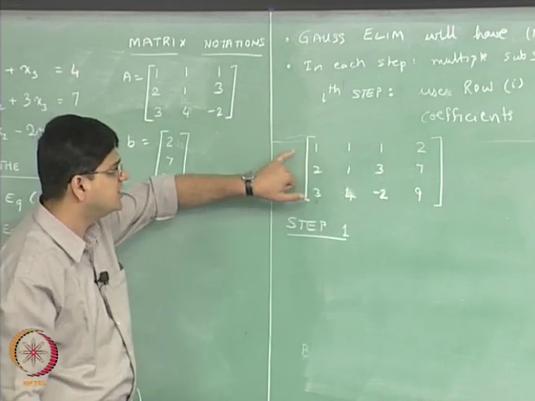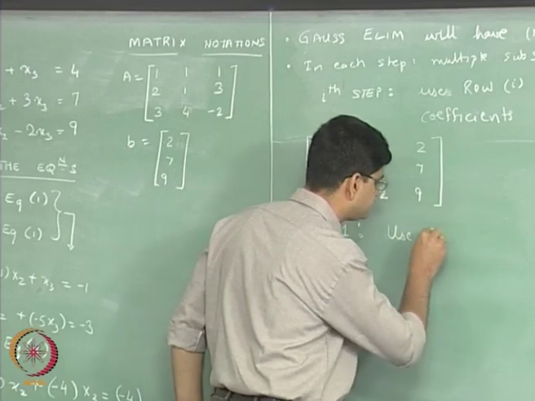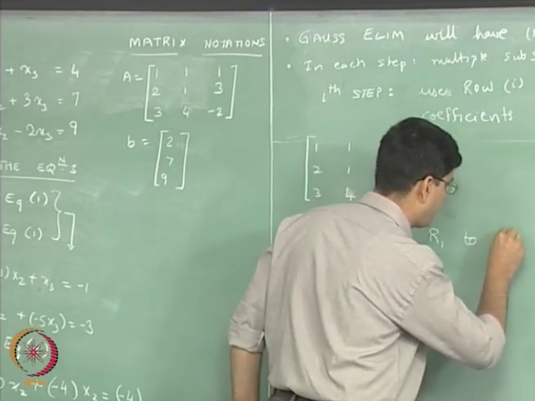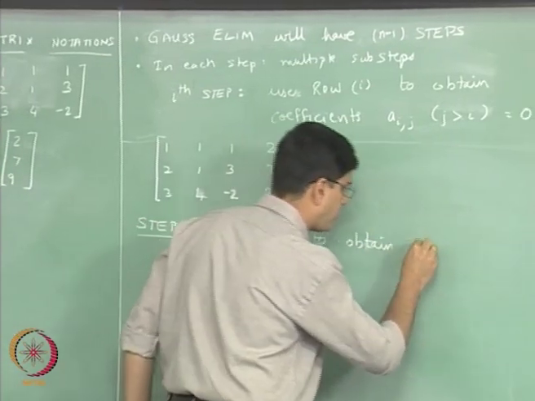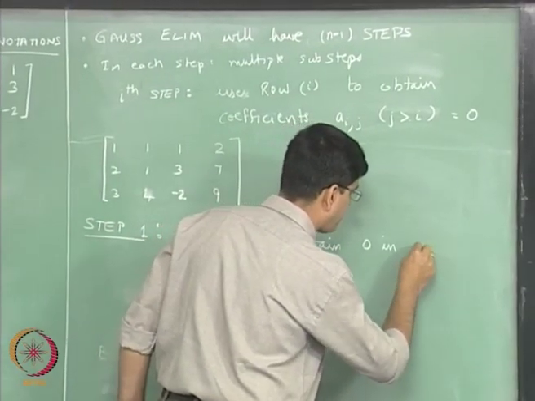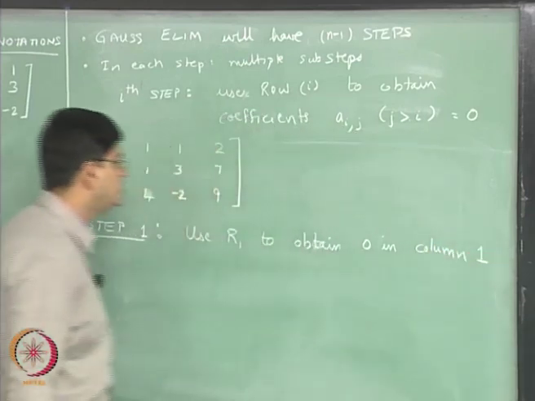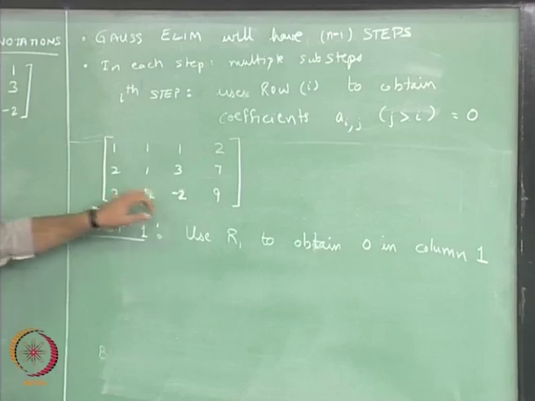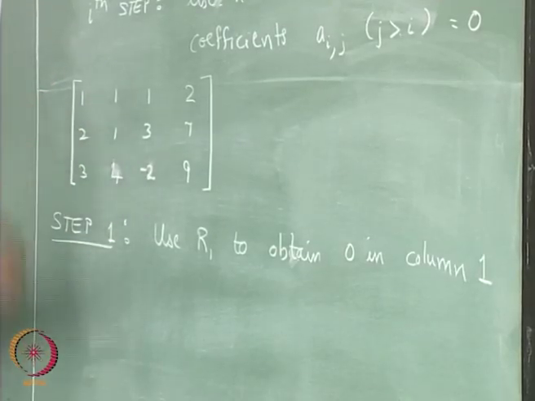So step 1 is to use R1 to obtain zeros in column 1 in row 2, row 3 and so on up to row n.